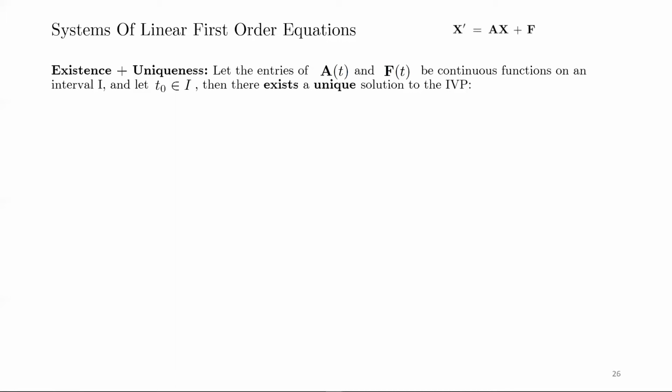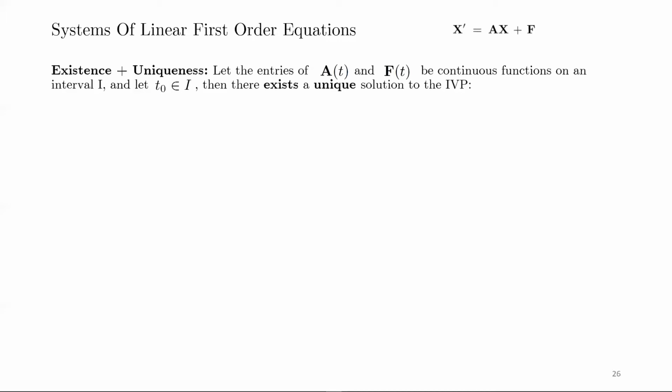For example, we don't want an entry of A to be 1 over x, because at x equals 0 this function is not continuous, and we're not guaranteed a unique solution for any interval containing the point x naught equals 0.